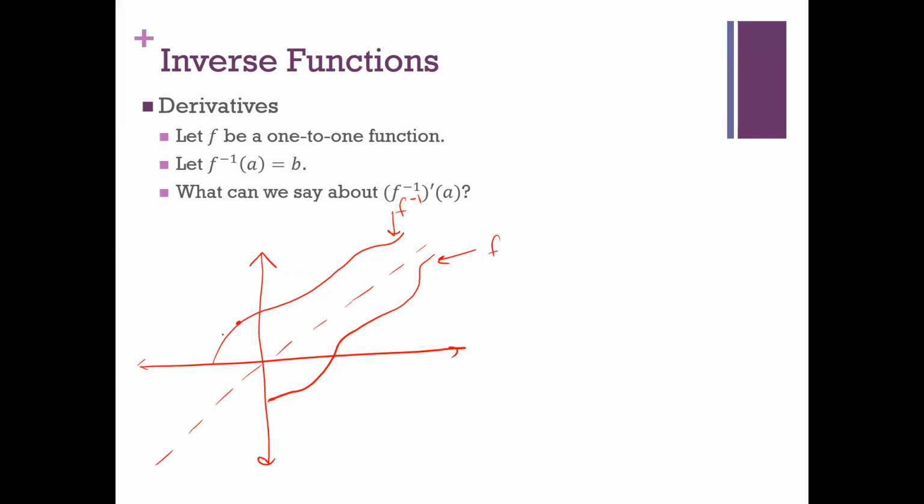So I say I have this point here. I know the coordinates of this point right here are (b, a), which means that there must be a point on the function f called (a, b).